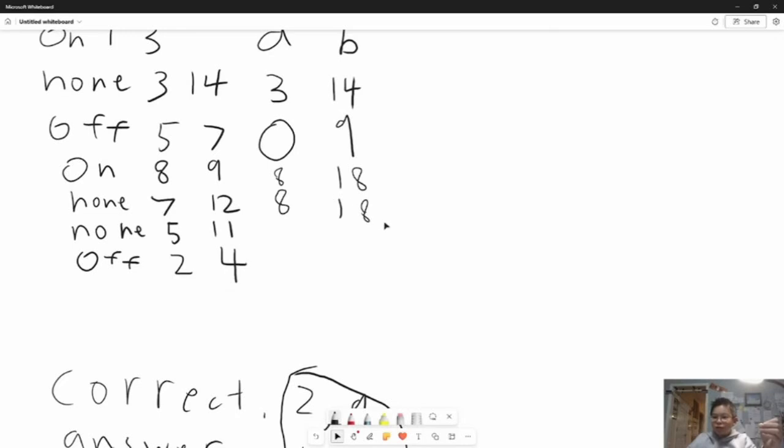This one would actually not be 18. This one is going to be 12, because if we keep track of both of these ranges, then we would have an 18 as a possible range and 12 as a maximum possible range.